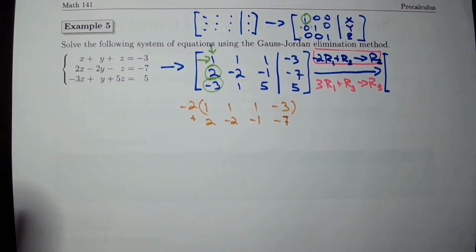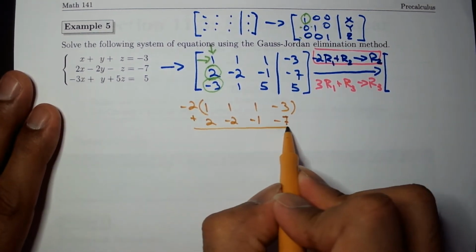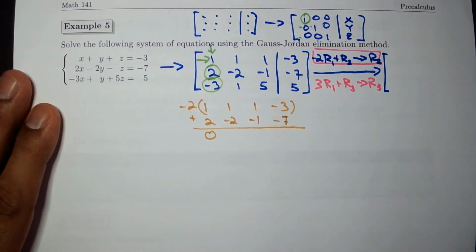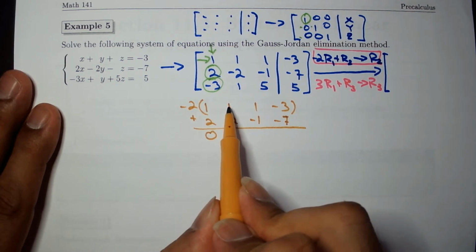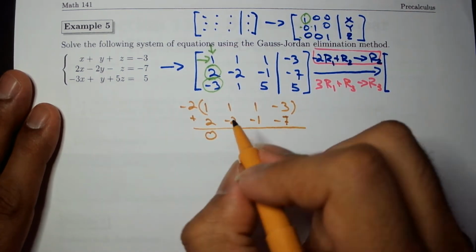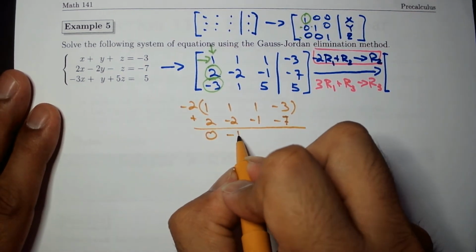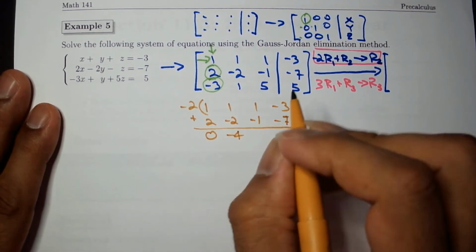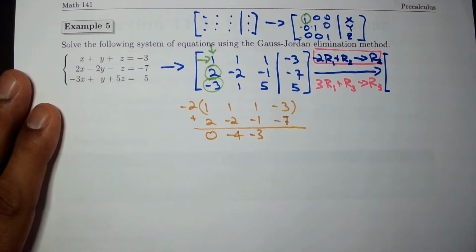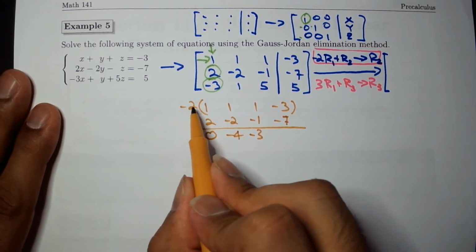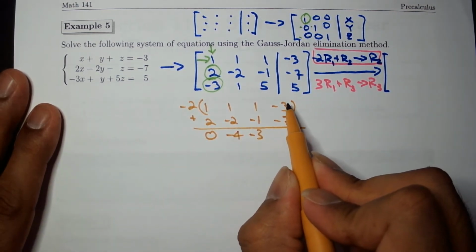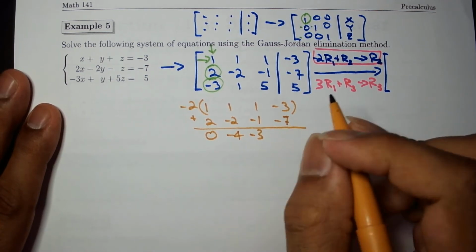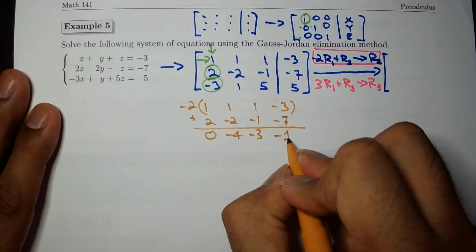Negative 2 times 1 is negative 2, plus 2 equals 0. Negative 2 times 1 is negative 2, minus 2 equals negative 4. Negative 2 times 1 is negative 2, minus 1, be careful with signs, negative 3. Negative 2 times negative 3 equals positive 6. And positive 6 minus 7 is negative 1.